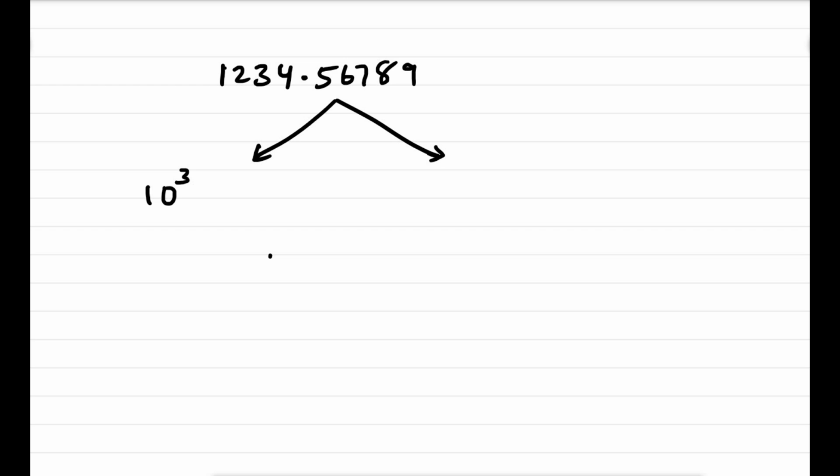For example, if I give a number 1234.56789, here I do two things. I multiply with positive powers of 10 or with negative powers of 10. When I multiply with positive powers, the decimal moves towards the right side.